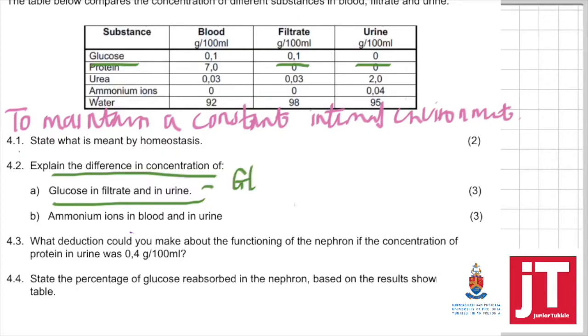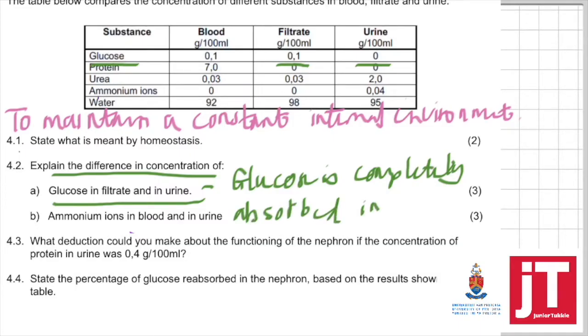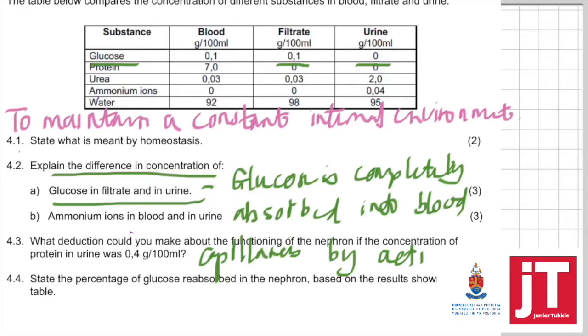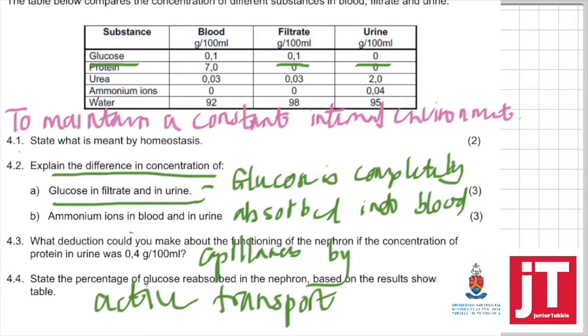Now we should know from our theory that glucose is completely absorbed into the blood capillaries by active transport. And we should know that glucose is important for cellular respiration. Therefore, the glucose will completely be absorbed.